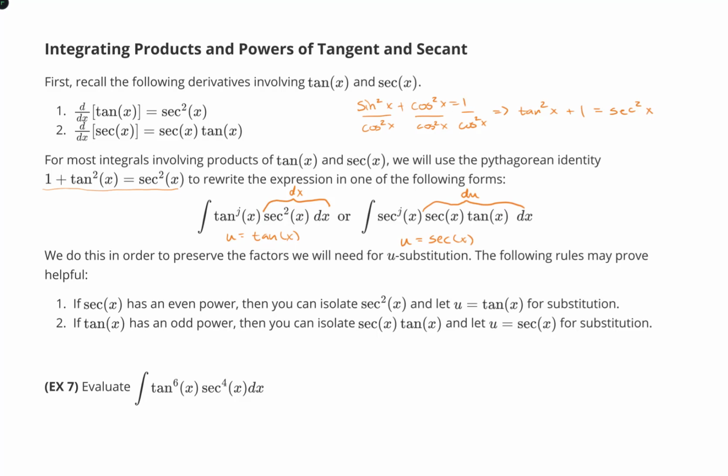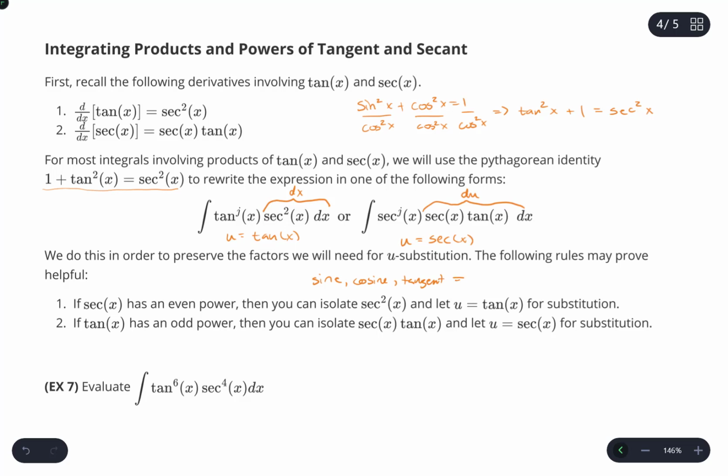Now, the way I remember this is that the three basic trig functions that everybody remembers from trigonometry are sine, cosine, and tangent. And in this case, all three of these require an odd power in order to get things to work out. So then just remember the last one, which is secant, has the even power that you're looking for.